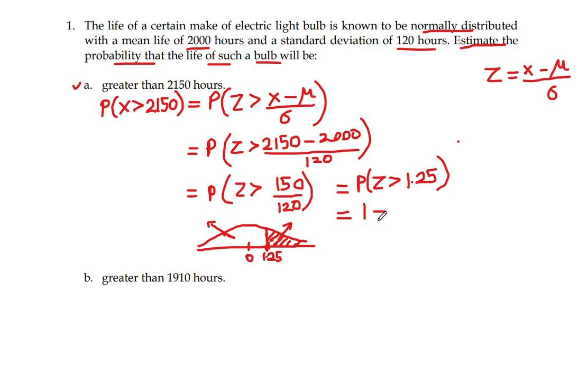1 here represents the total probability. And so what we're going to do now is go to the standard normal table to look for 1.25, so that we can derive the probability associated with 1.25, which really will give us the probability of the area to the left of 1.25. But that's not what we need here. What we need is the probability of the area to the right of 1.25.